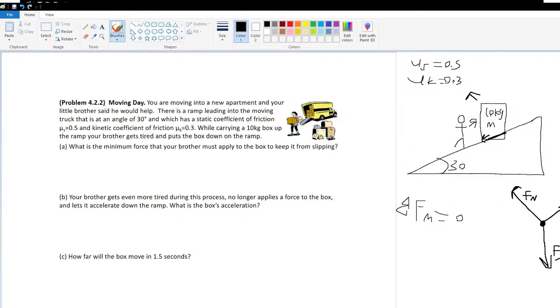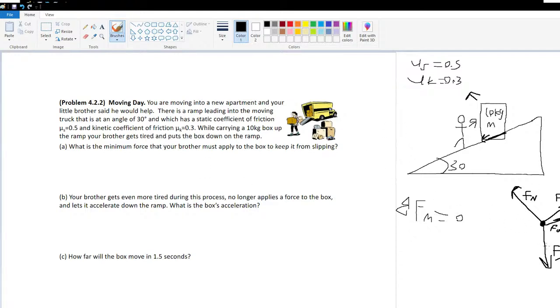I'll label this force of friction, static. And then this person is also pushing up, so we have another force right here, and we'll call this F applied, F app.